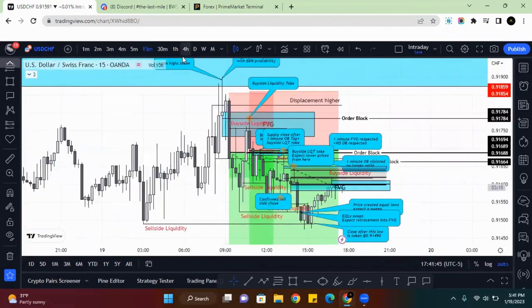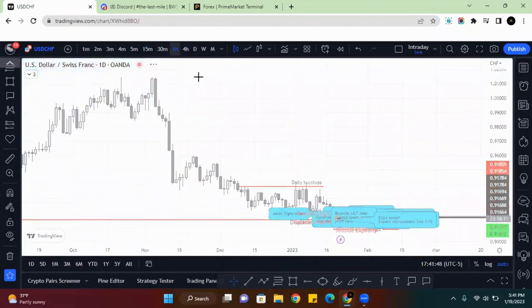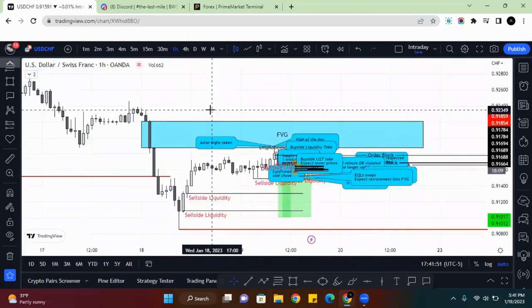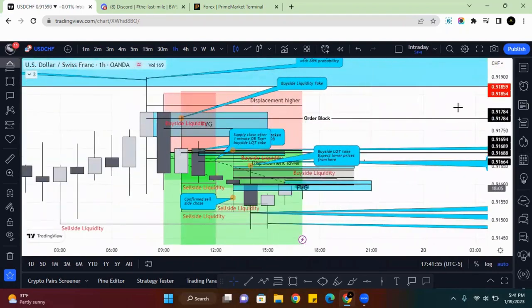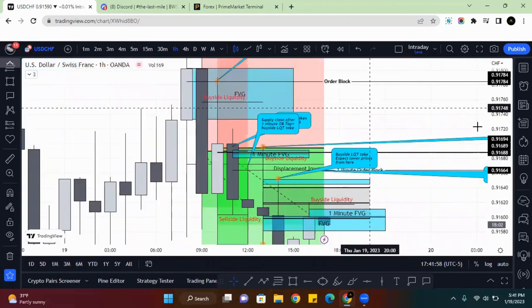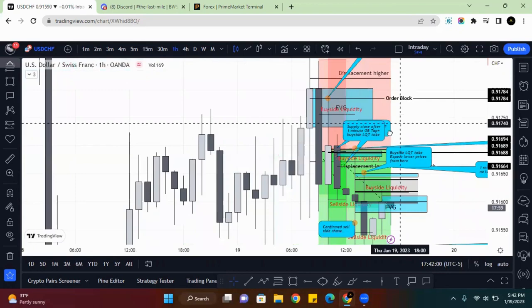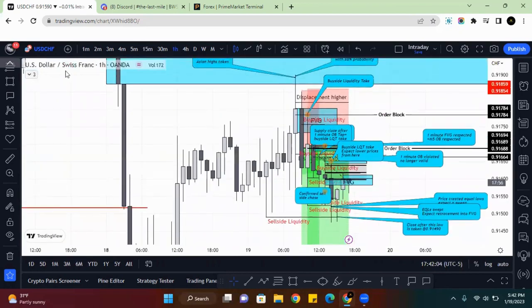So this was based off of the daily sell stops like I literally just showed you, but then I waited for the 1H. Zoom in a good amount so that you can actually see the candles, because I entered on the 5-minute based off of this, right? I saw that the 1H had Asian session highs traded above.